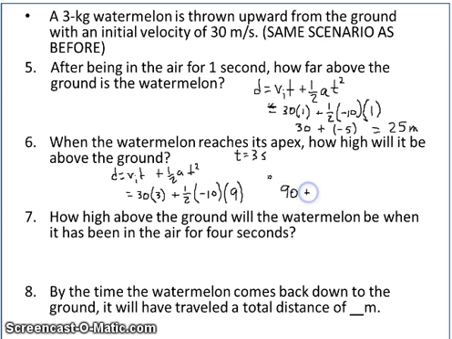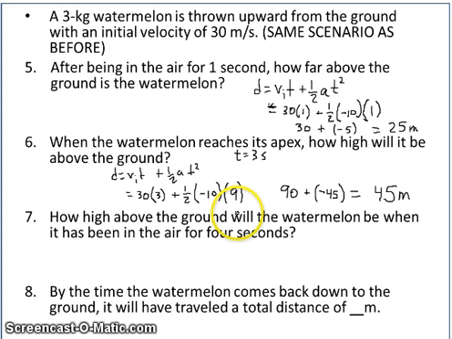Plus 1/2 times negative 10 times 9: 9 times negative 10 is negative 90, times 1/2 is negative 45. We're just plugging numbers in. 90 plus negative 45, 45. So what does that mean? When you throw a watermelon up off the ground, if it starts at 30 meters per second, when it reaches its apex 3 seconds later, it's going to be 45 meters off the ground. No human alive could even get close.